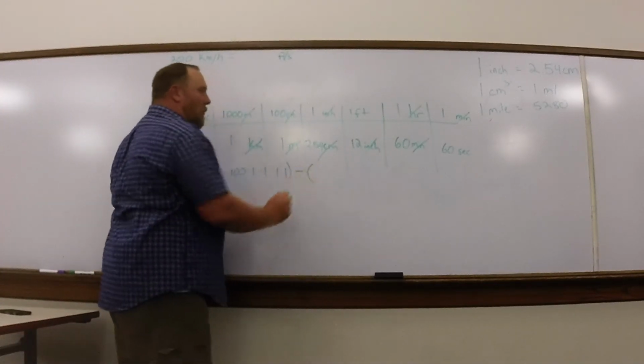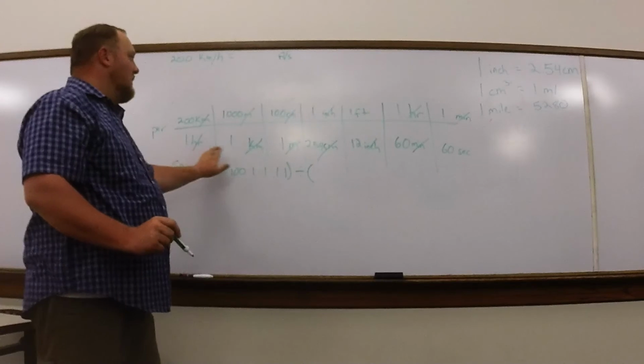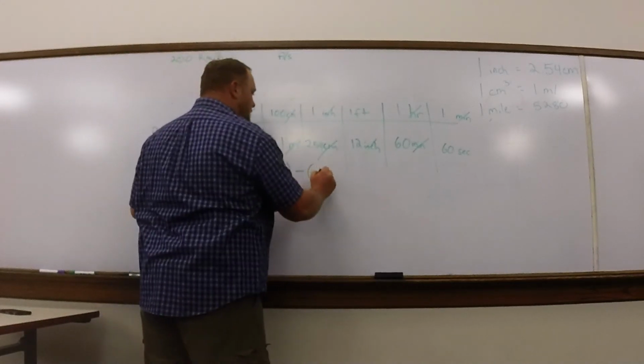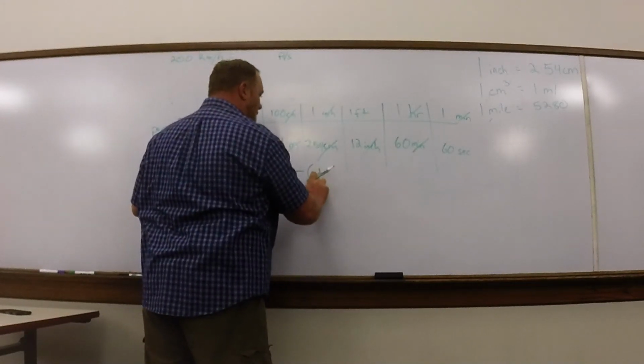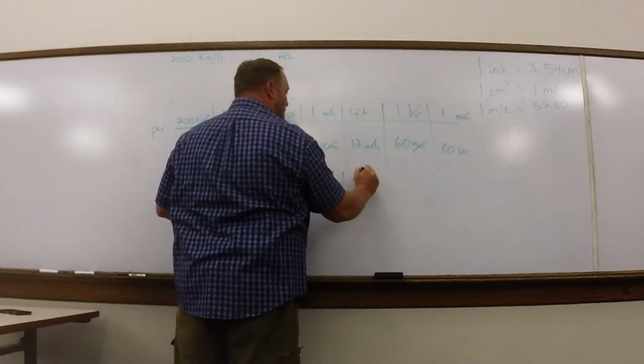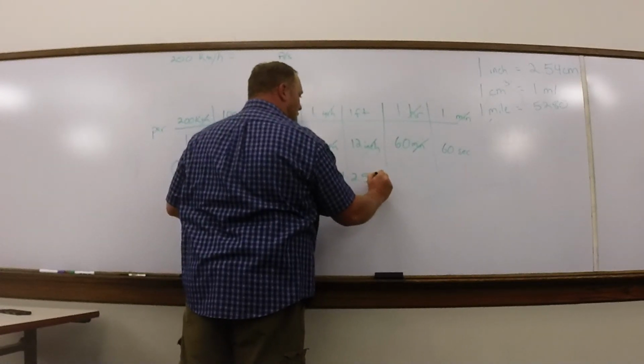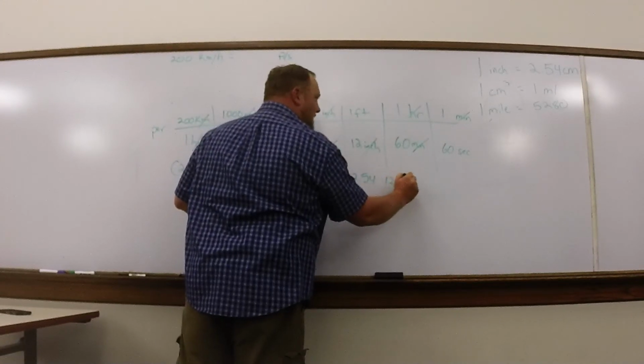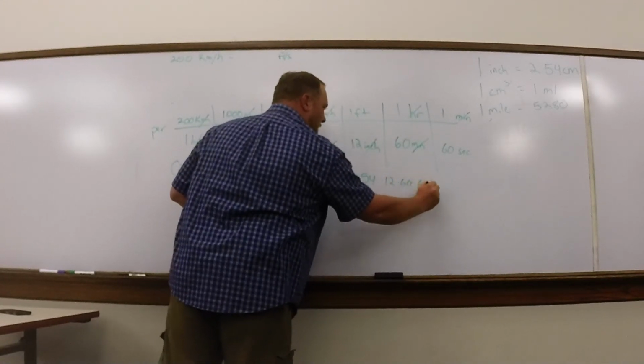Divide that by, open parenthesis, 1 times 1 times 1 times 2.54 times 12 times 60 times 60.